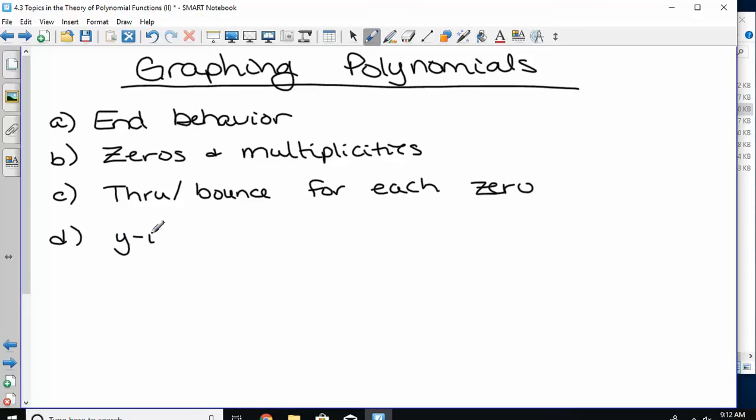I'll ask you to find the y-intercept, and then we will draw the graph.